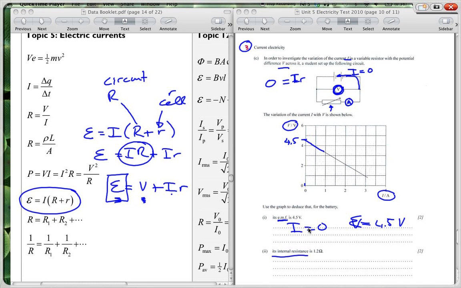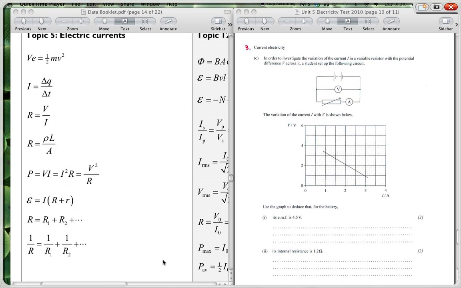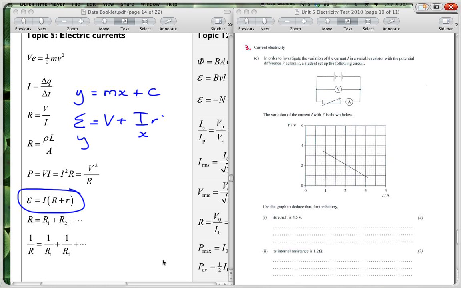Now looking at the internal resistance, there are two ways that you can find this. Let me just clear the board. Going back to this formula, we had E is equal to V plus Ir. Now if we think of a straight line graph, y is equal to mx plus c, we would see here that this is our x and this is our y. So the r is your slope.